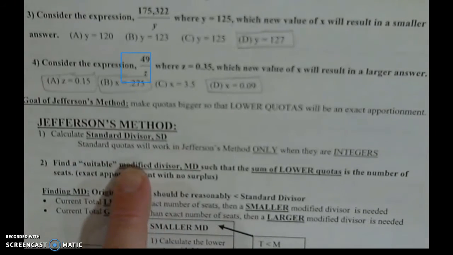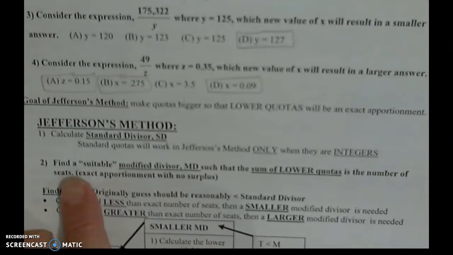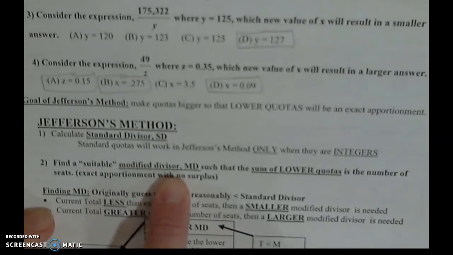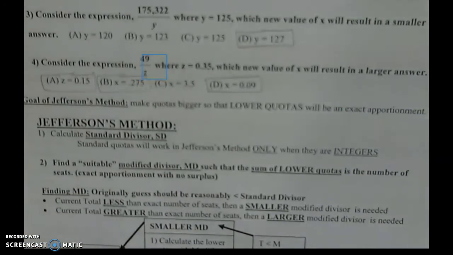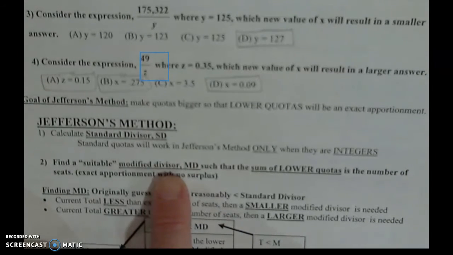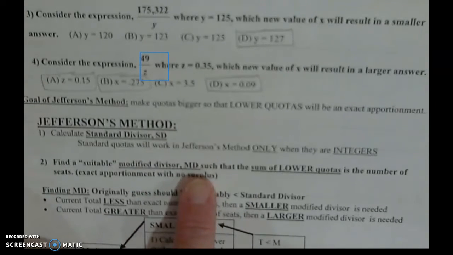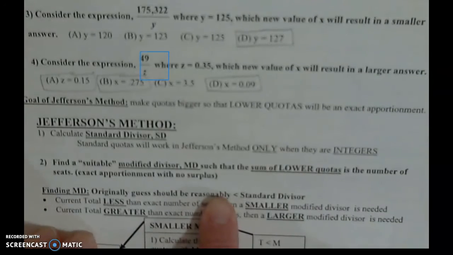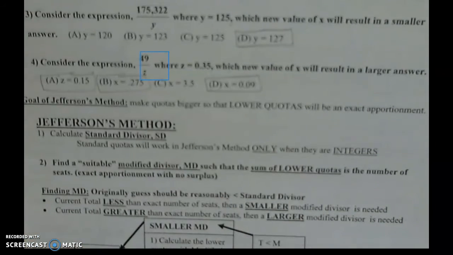Number 2, though, is that we need to find a suitable modified divisor. Where with Hamilton we changed the quotas, here we're going to change the divisor, that number that we divided by. And we're going to keep changing it until those lower quotas turn into our apportionment.